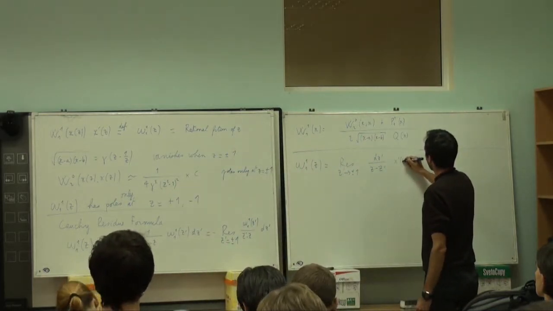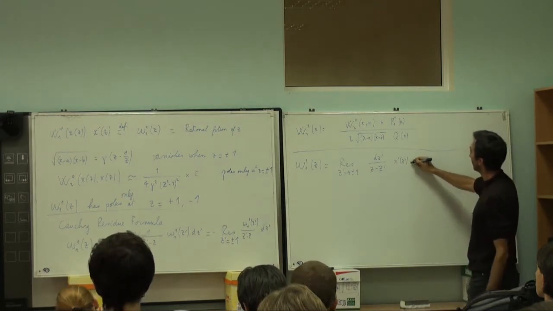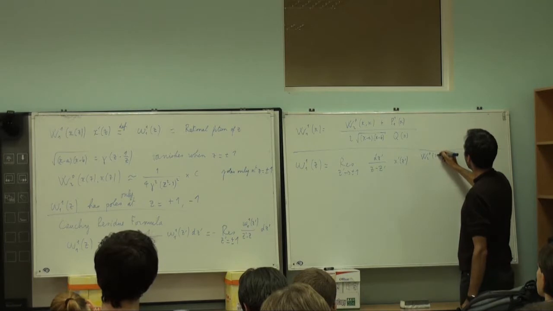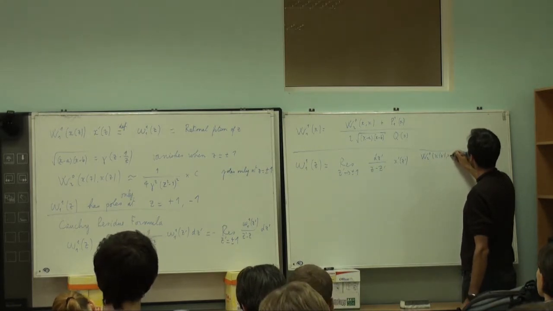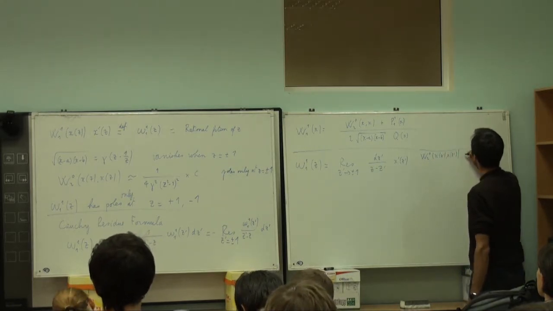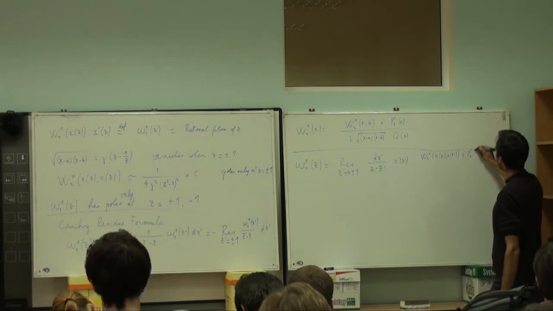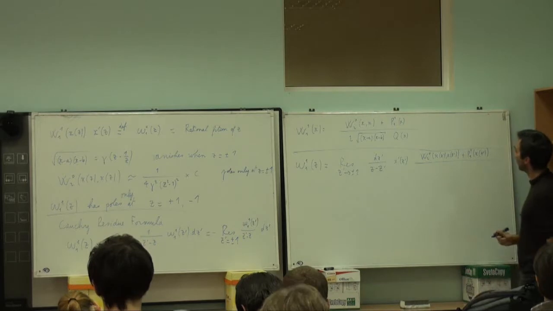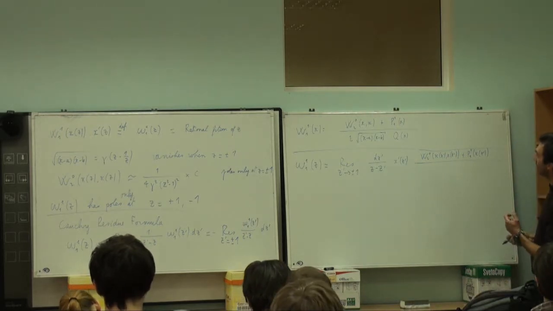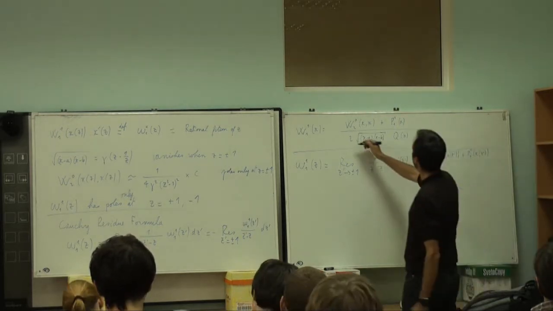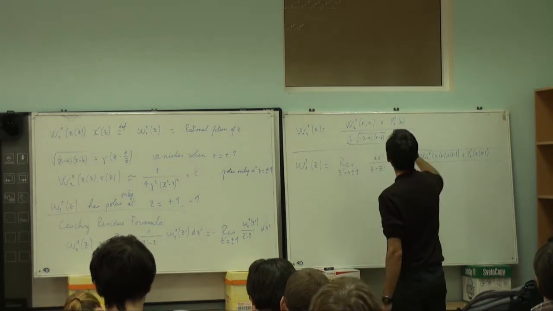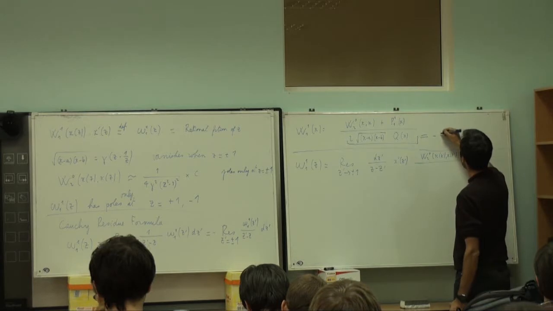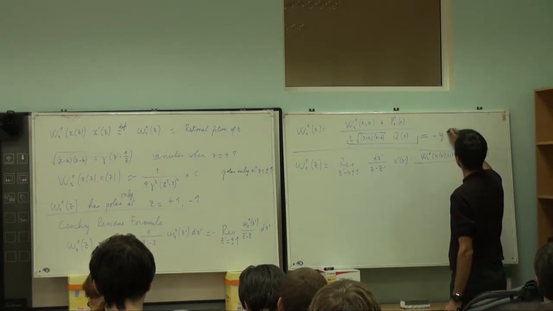So x prime of z prime times this quantity W20 of x of z prime plus P11 of x of z prime, divided by this expression, which, if you remember, I said I call it minus y of z.